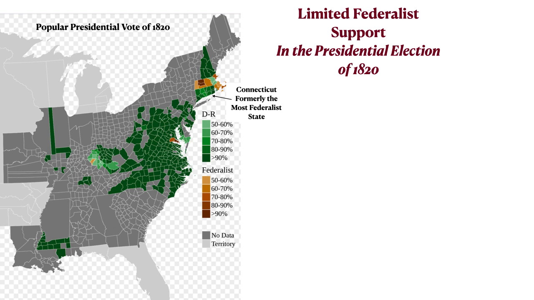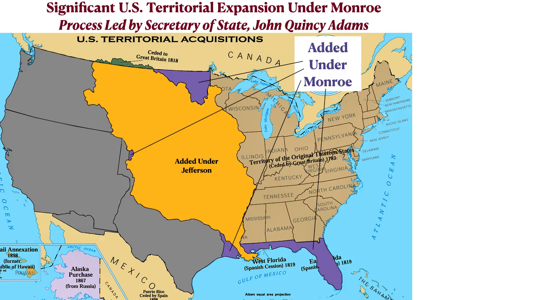Massachusetts, still strong. Connecticut, though, which was at one time the most Federalist state, now every single one of its counties, popular vote was for the Democratic Republican Party, and by pretty substantial majorities. And you look in Pennsylvania, Virginia, North Carolina, just overwhelming. Not quite the same in Kentucky, though, and that's going to become important later on.